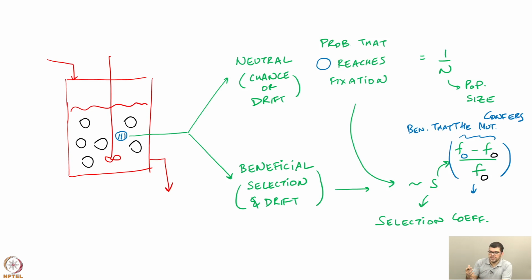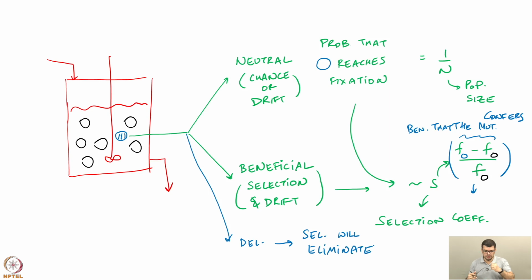So now we know that fates of the populations are going to be decided via these two fates. Of course, there is the third possibility that a mutation can be deleterious, but that is a case that we need not worry about because selection will just eliminate it. One way to think about the effect of a deleterious mutation is that even if a deleterious mutation is able to survive the action of drift and increase to higher frequencies, then selection will start acting and try to get rid of those variants because they are lower in fitness.